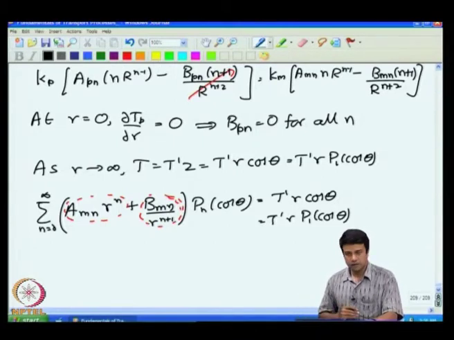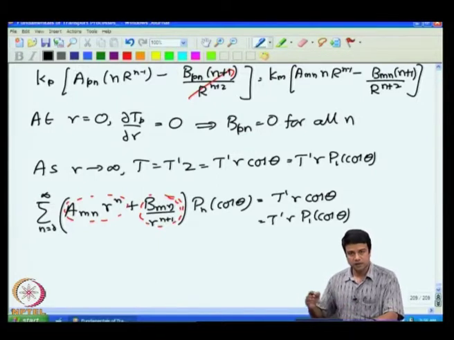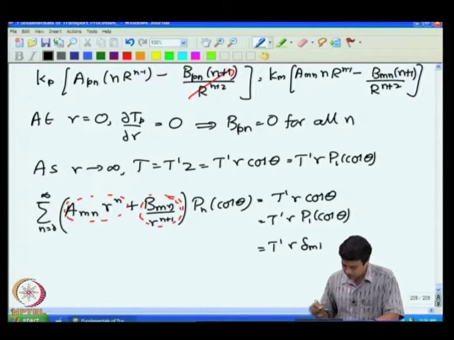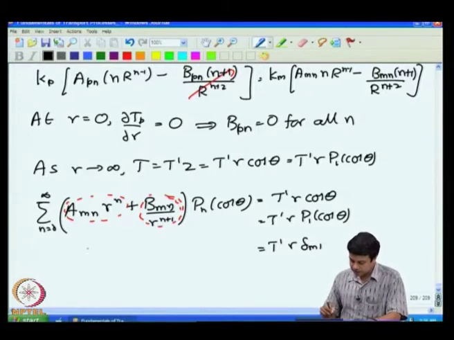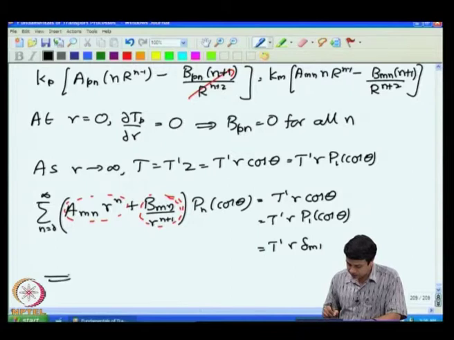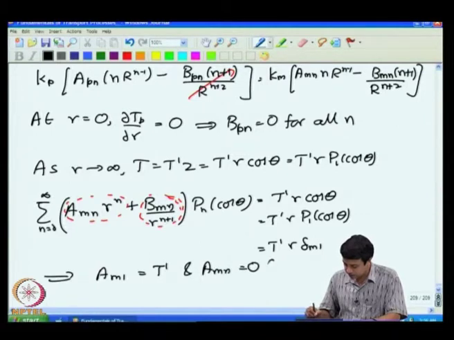So, I will get T' r delta_m1. What this implies is that on the left hand side I have the coefficients, and the right hand side is 0 unless m is equal to 1, which means that A_m1 is equal to T' and A_mn is equal to 0 for n not equal to 1.